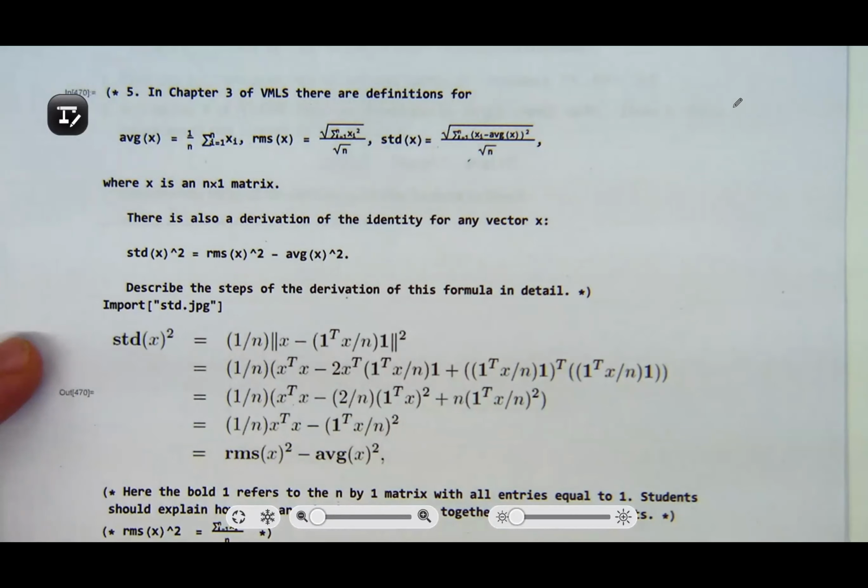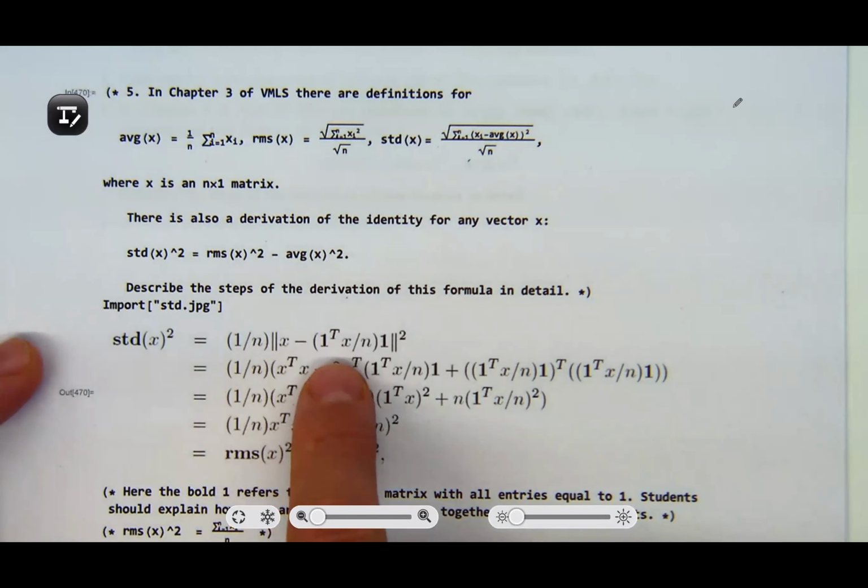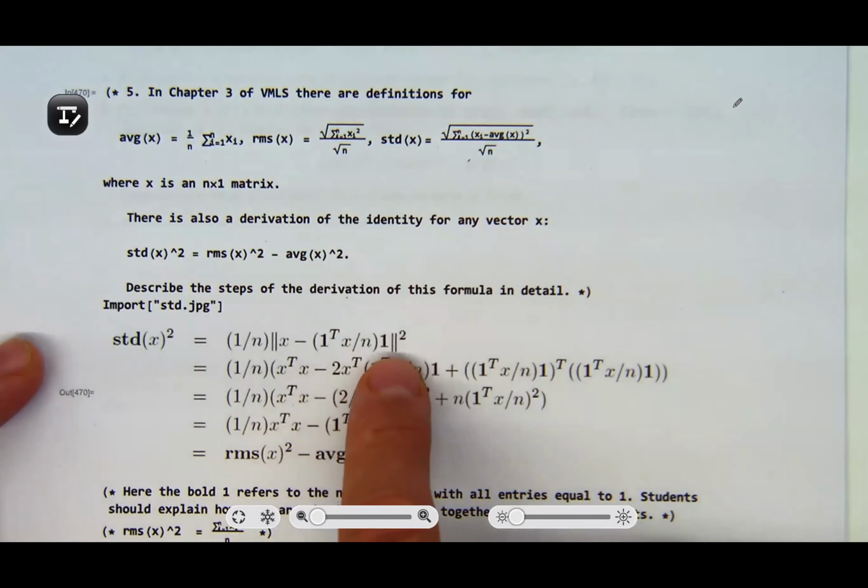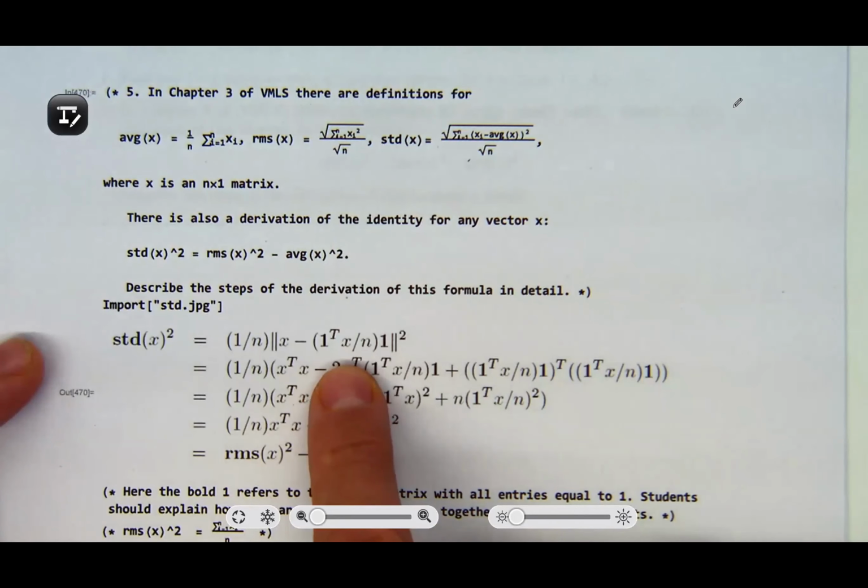Here we have a vector x, and then we're subtracting a scalar, divided by n, and then we have another bold 1. What do you think the bold 1 means? You're probably thinking it means the column vector 1, 1, 1, dot, dot, dot, 1, 1, 1. So it's the column vector full of 1s, okay?